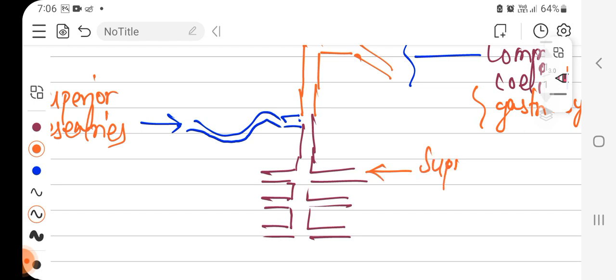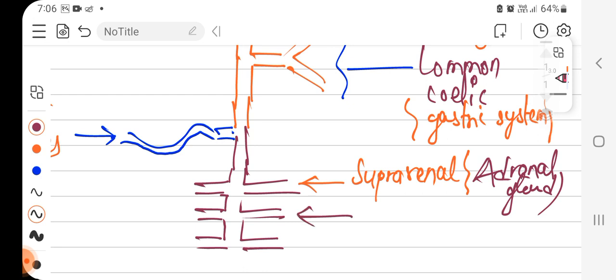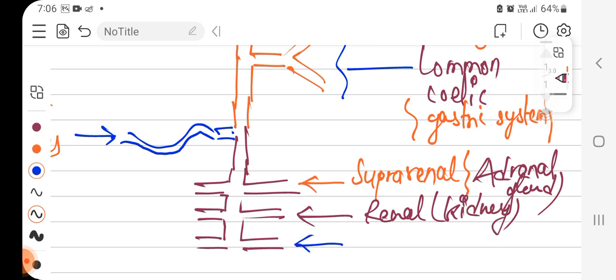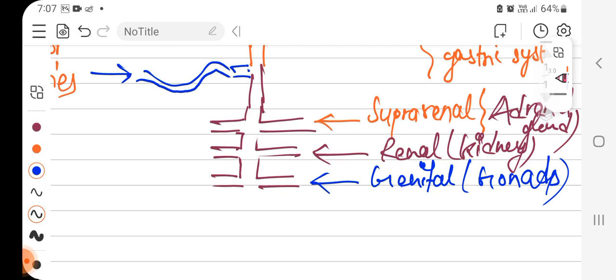The suprarenal supplies blood to the adrenal gland, this is called the renal artery, which supplies blood to the kidney. Likewise, this is genital. Students always remember this genital because it is related to the gonads.